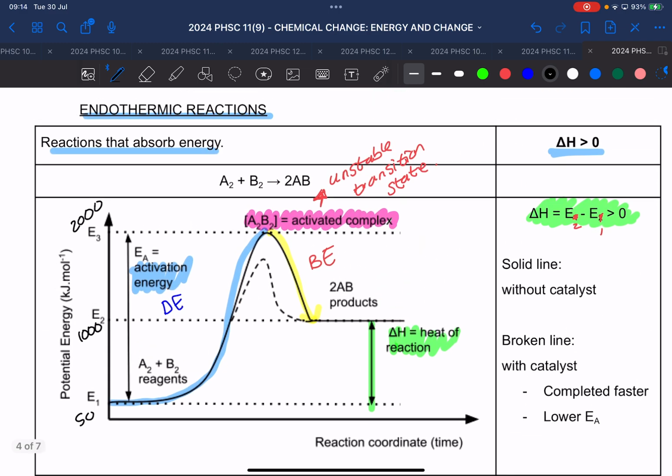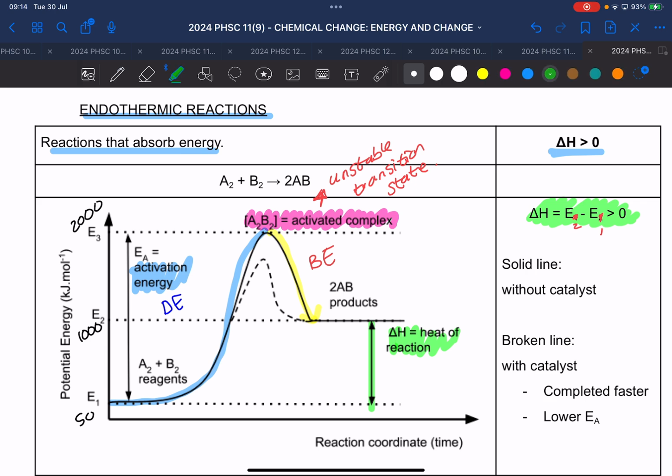Okay. Let us begin. For the reaction, what is the value of the activation energy? What is the value of the activation energy? Tony, your question will be, what is the value of the bonding energy?